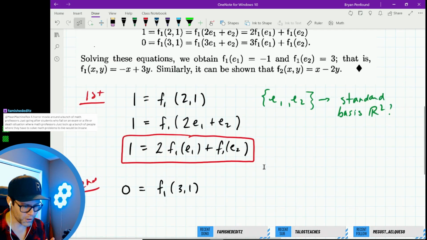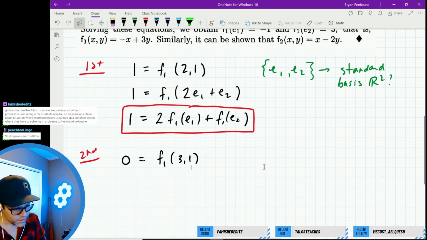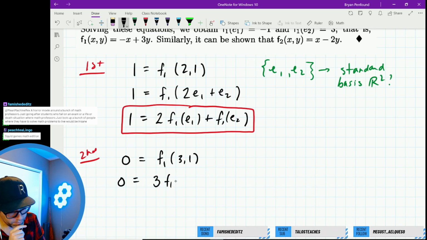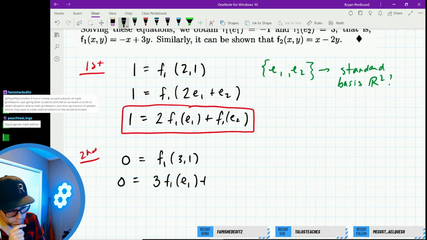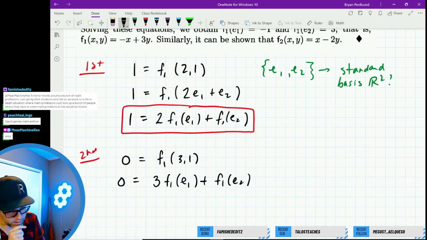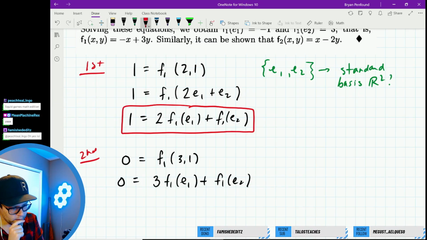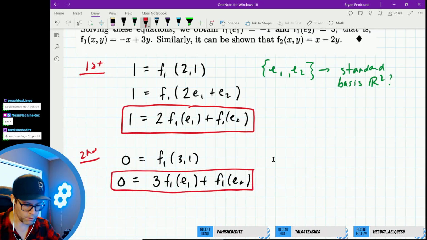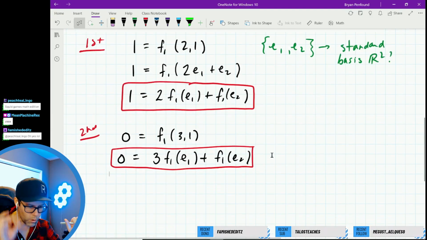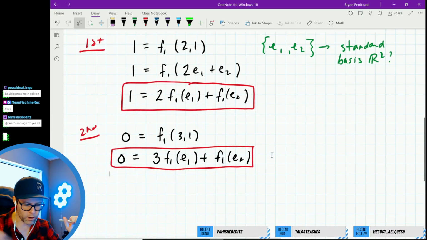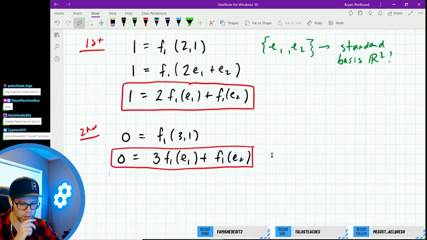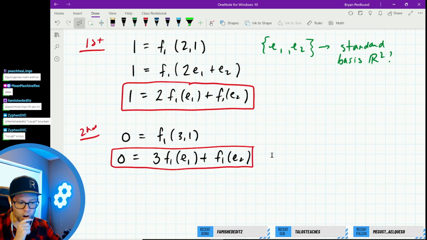Through to the field that we're working with, which is R. So, okay, so this means 0 should be equal to 3 F1 evaluated at E1 plus F1 evaluated at E2. And so these are the two equations that they come up with. They want to solve these two equations for F1 E1 and F1 E2. They want to kind of see where these things go in R.